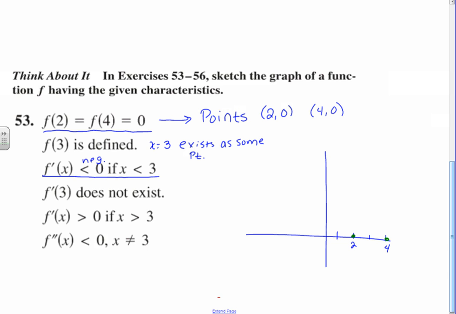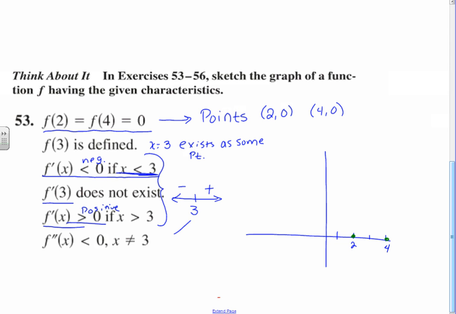At 3, the first derivative doesn't exist, and then the first derivative is positive when x is greater than 3. From these 3 pieces of information, I would probably take it into a quick little sign chart, and I would say it is negative when we are less than 3, and positive when we are greater than 3, and it doesn't exist at 3.